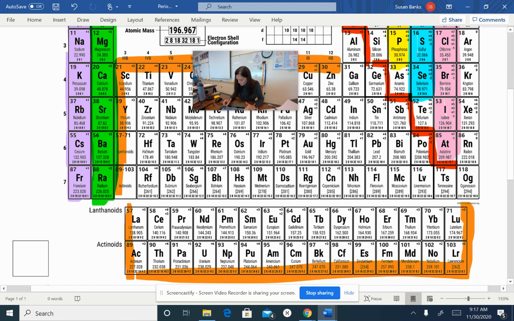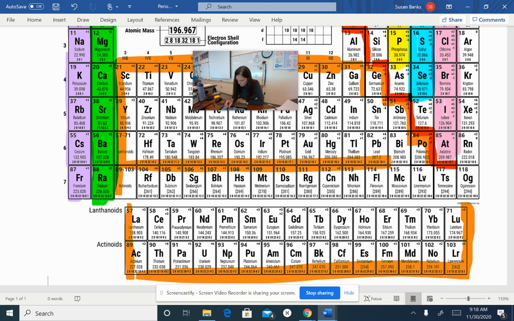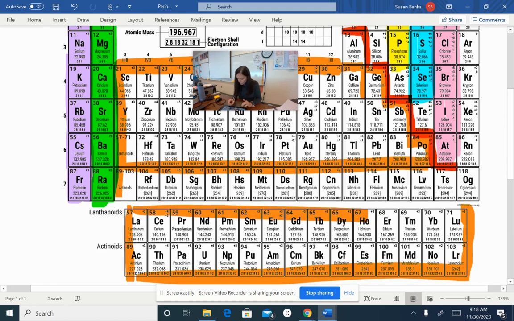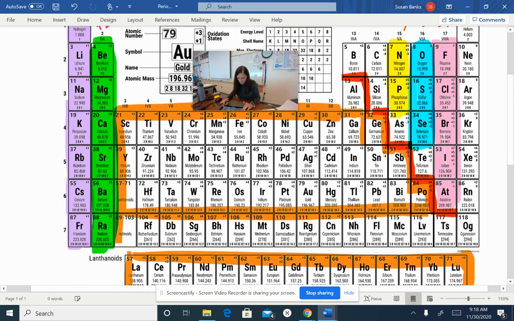They all need Roman numerals. I'm going to skip the made up elements. So these guys all need Roman numerals, the ones in orange.